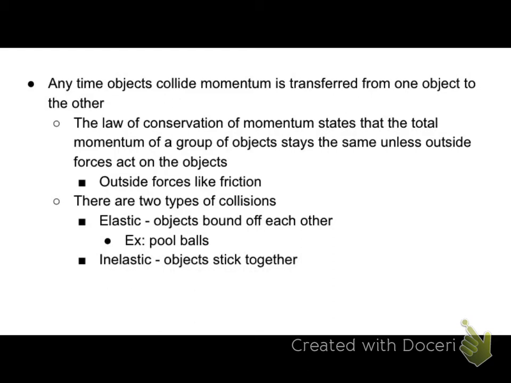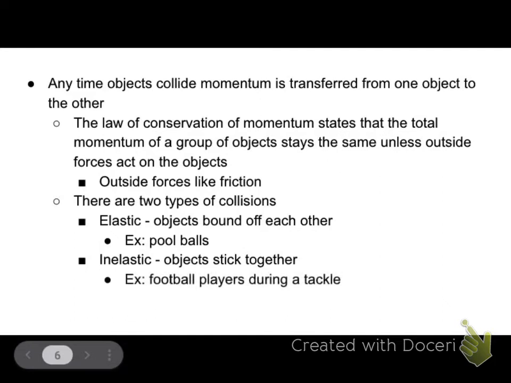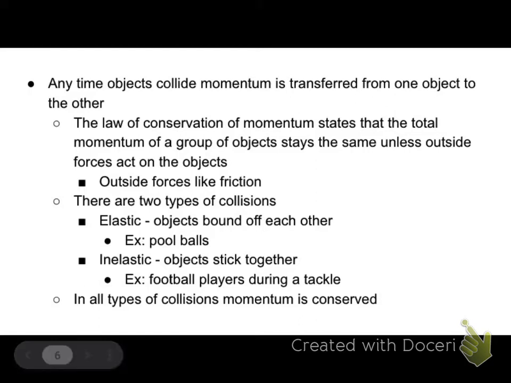A good example of inelastic collisions, when objects stick together, is a football tackle. If you tackle somebody like you should, you will both stick together and go to the ground. One of them is not going to run off from the situation. Okay? In both of these cases, momentum is conserved. It's either transferred to the other object or the two objects then have the momentum. But it's always conserved.